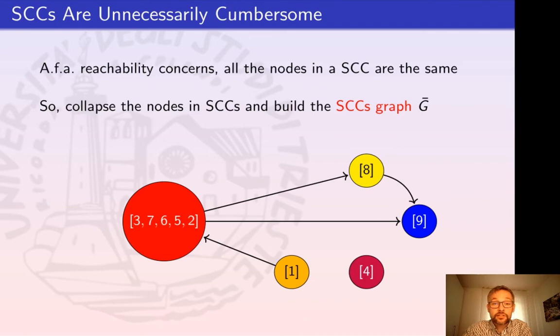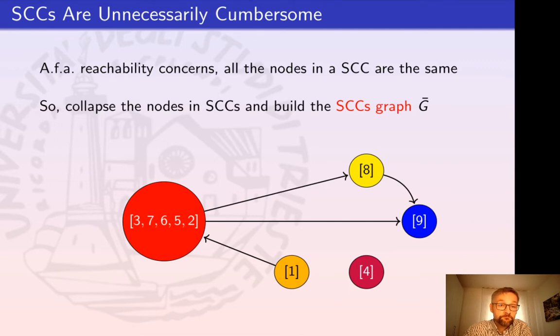So in that case, by applying this strategy, so by collapsing the nodes in a single strongly connected component, you end up with the original graph, basically. So in a DAG, every single strongly connected component is a singleton containing exclusively one single node, and then by using this strategy you are not collapsing anything.